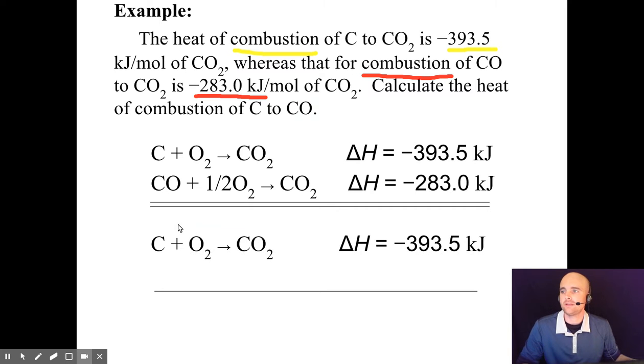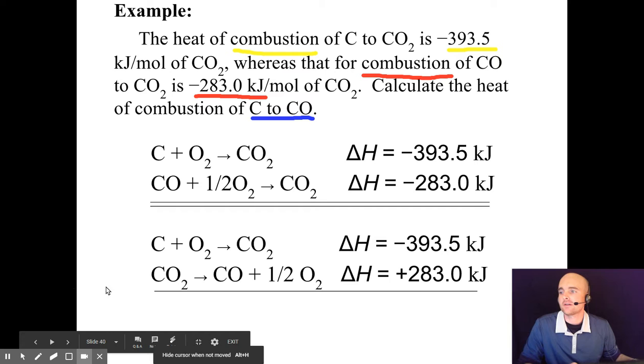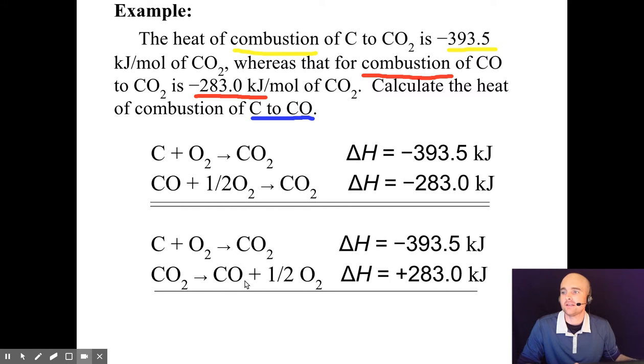Okay, so we're just going to move on, and we're going to rearrange the steps so that we can get to the final reaction that we're shooting for, which is carbon to carbon monoxide. So by doing this, we are going to take carbon dioxide and move to carbon monoxide, and we're actually going to switch this equation here, and we're going to turn it backwards.